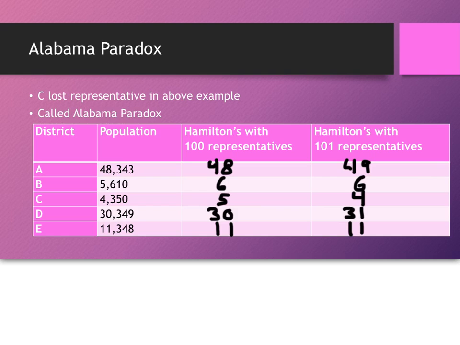It's named after the state of Alabama, and in trying to allocate representatives one year, it was figured out that if you increase the number of representatives by 1, Alabama actually lost a representative. This is an issue with this method. We can have the total number of representatives increase from 100 to 101, but a certain district may lose a representative.